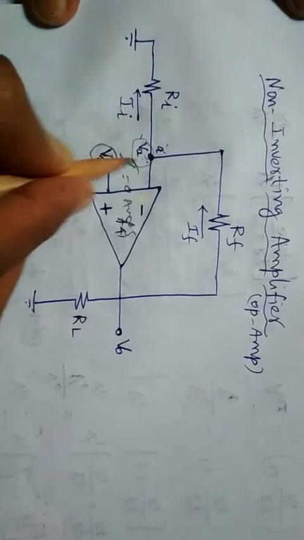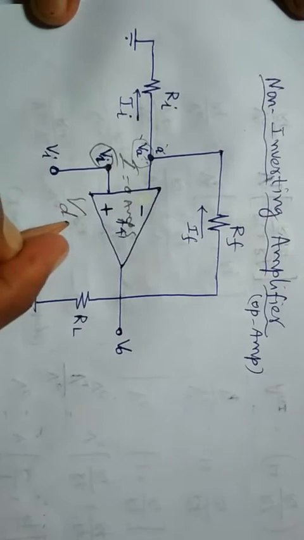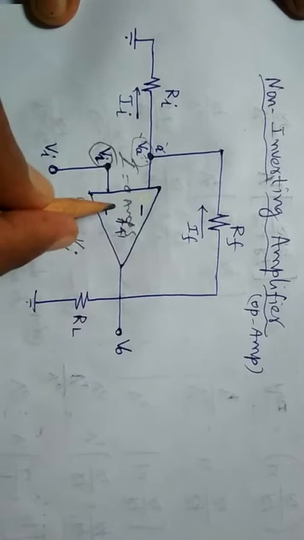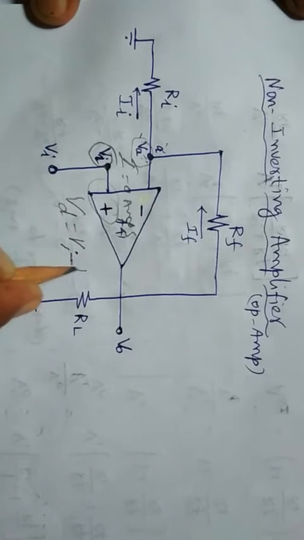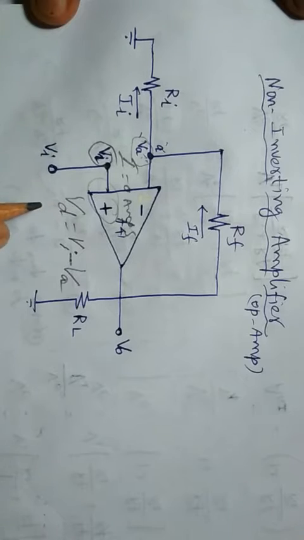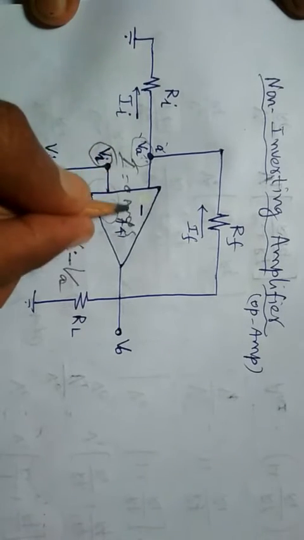The difference between these two must be 0. We always take the reference potential as the plus node potential, so Vi minus Va, the inverting terminal's potential, must be 0. So Vd must be 0 because the current is 0 amps.